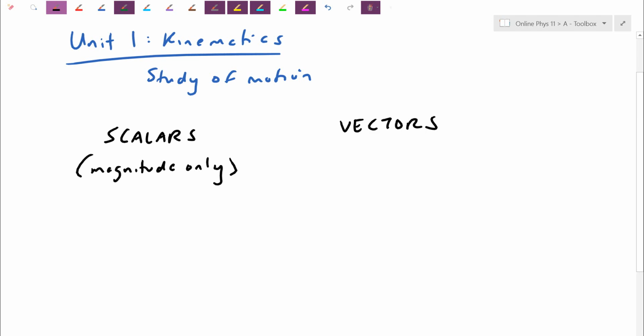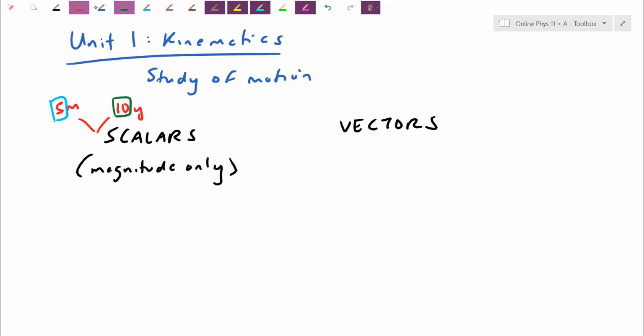Now I remember being scared away by, what do you mean magnitude? If I take a distance, let's say 5 meters, the magnitude is the 5, right? If I have time, let's say 10 years, the magnitude is just the 10. The magnitude is just the size of the number. It's how many you have in that unit. Scalars are things that only have this magnitude. They have size only.